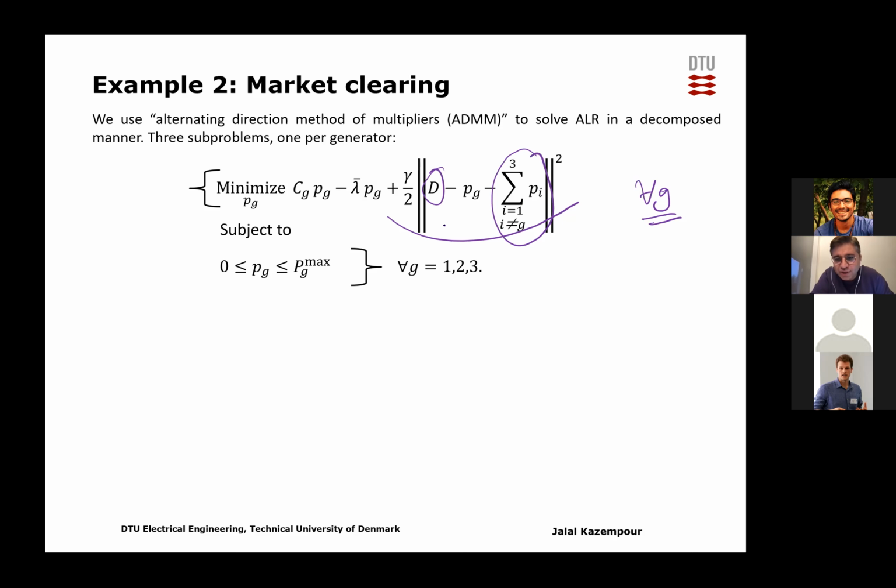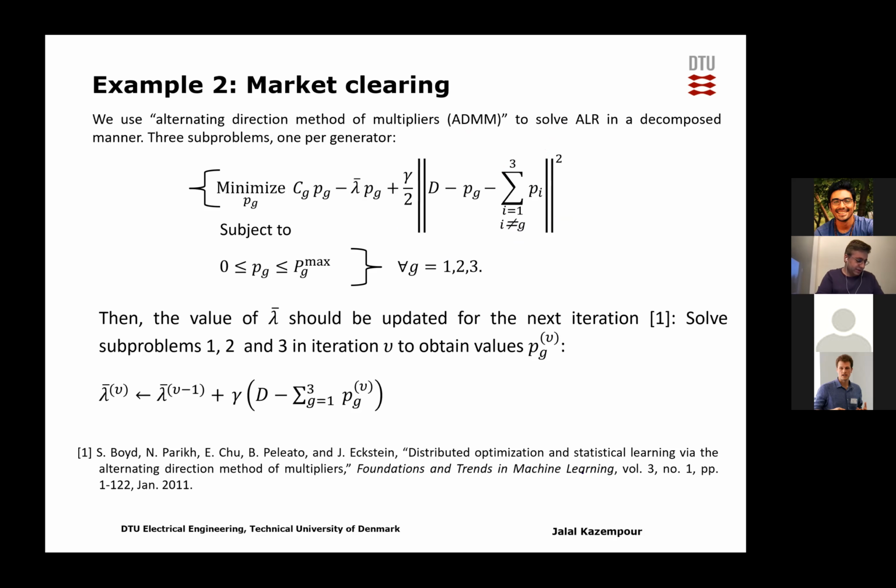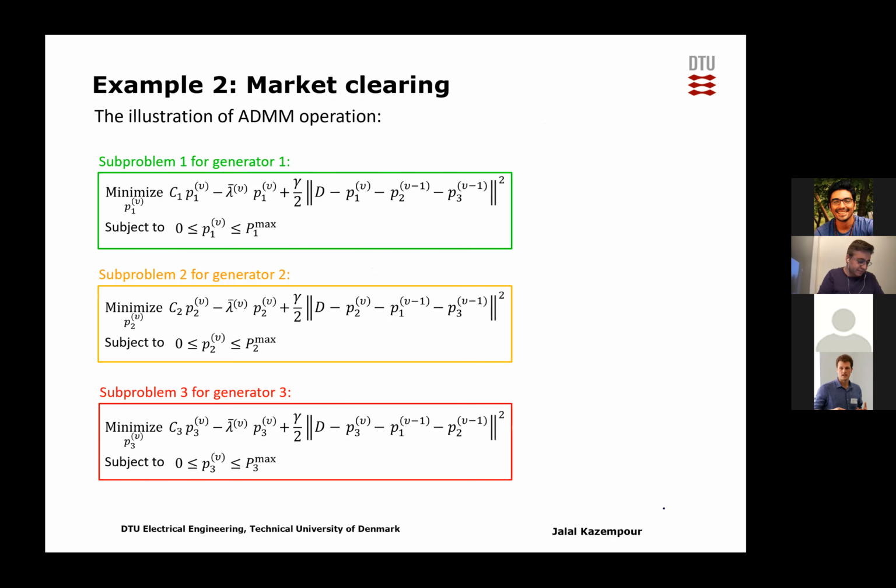Mathematically, the generator G1, let's say, to be able to solve this ADMM problem, its own subproblem in the ADMM process, needs to know the demand and the production of the others in the previous iteration. And this is the way we can update price, but let's have a schematic illustrative presentation of this problem.